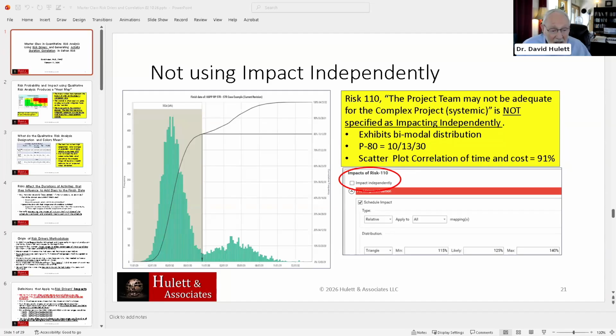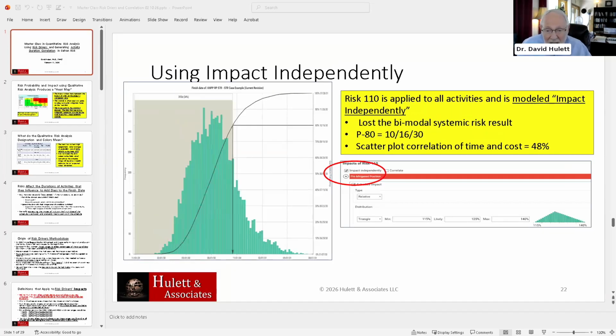You see here's the histogram. Here's a cumulative distribution. I've highlighted the 80th percentile. What is this bimodal distribution? That is my systemic risk is 20% likely to have 50% or 40%, 50%, 60%, whatever. And that happens, but only if you do not force independence onto the modeling of this.